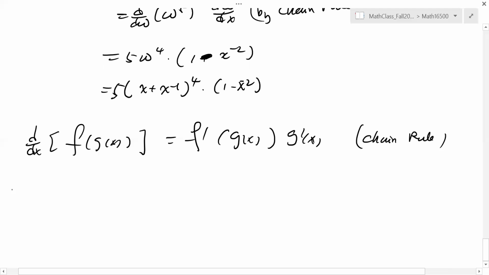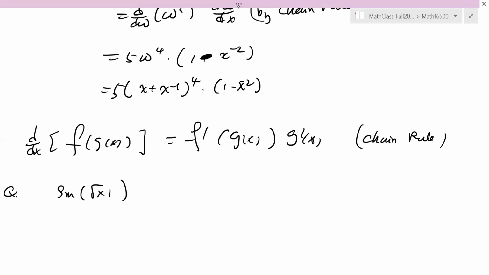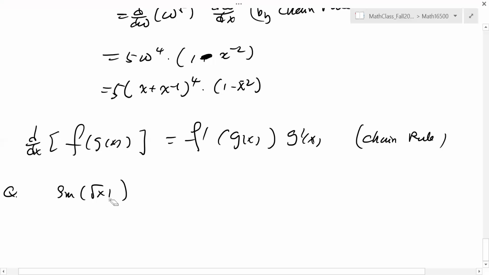Okay. So let's look at the function sine of square root x. The derivative of this function with respect to x.